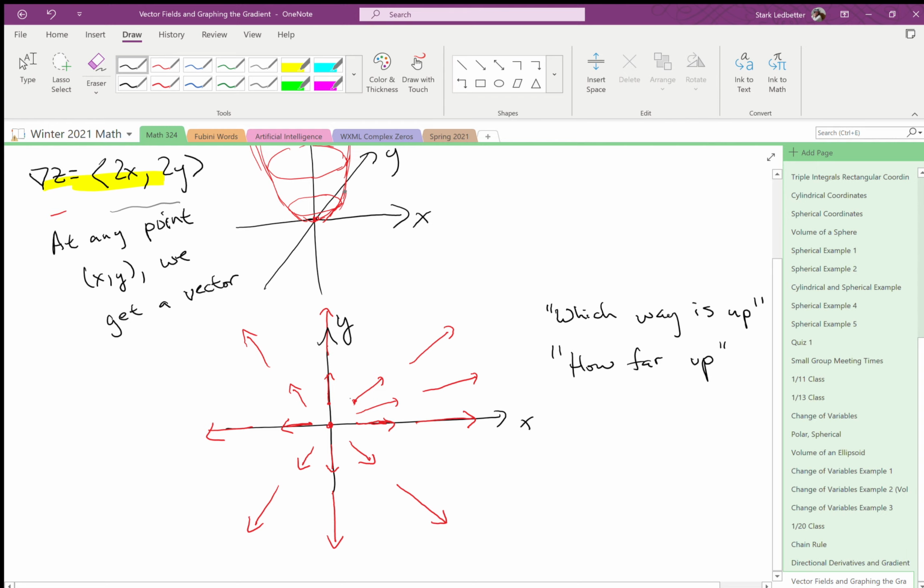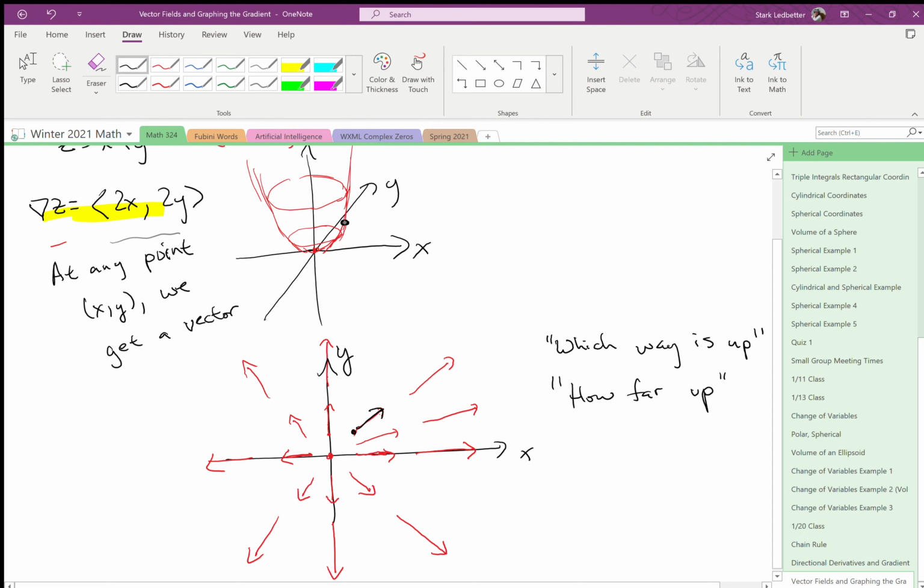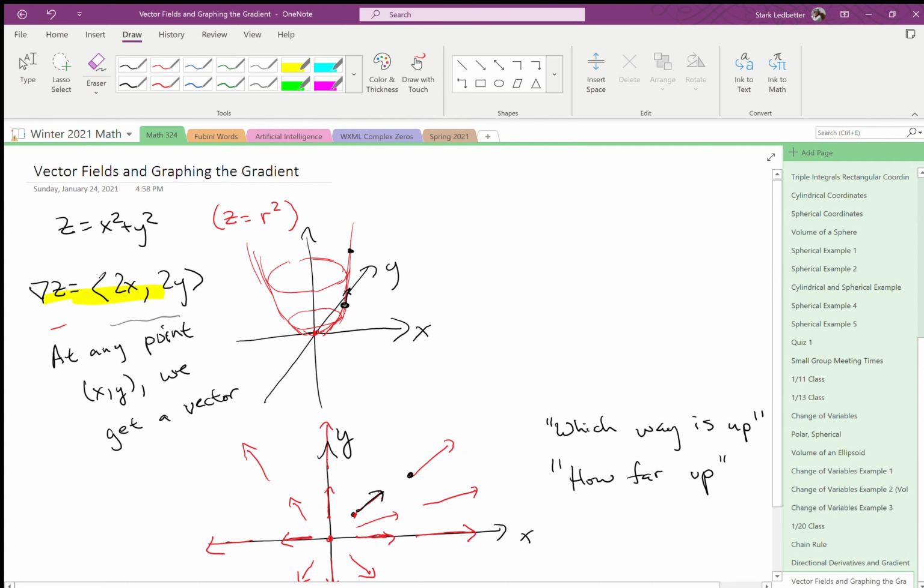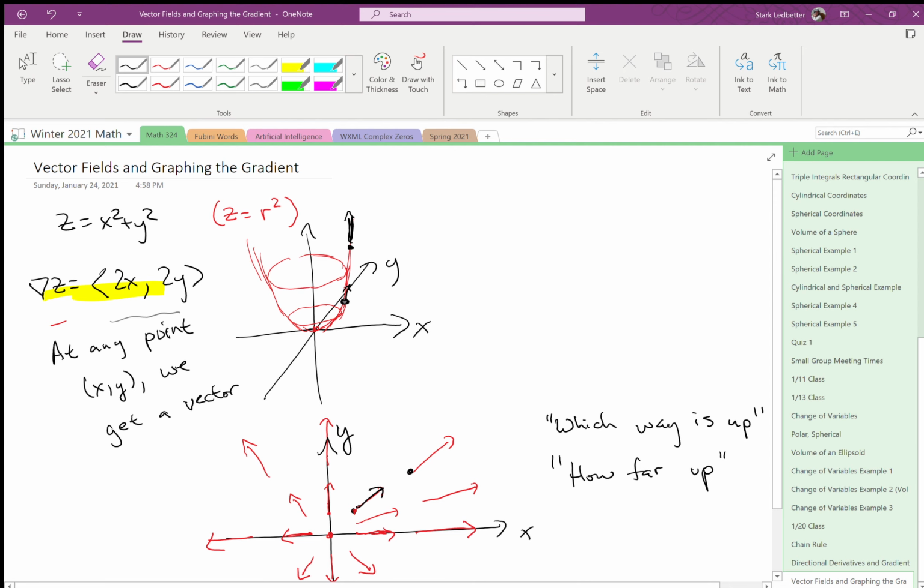So for example, if I did walk to the point 1, 1, I'd be here on this graph, and then this way is up, and it's up by that much, a medium-sized arrow. And then if I walked further out to maybe the point 3, 3, then I have a much bigger arrow because the surface is now steeper by the time we got to that point.